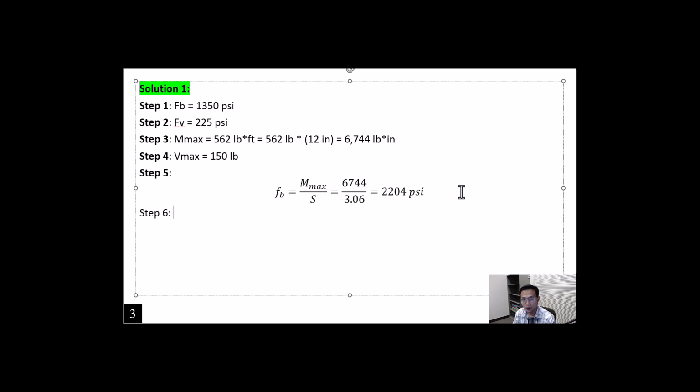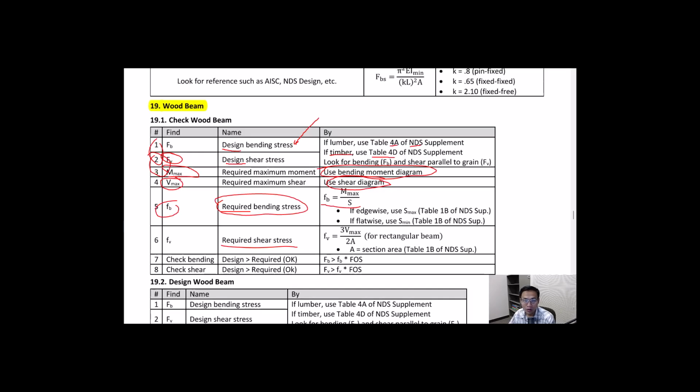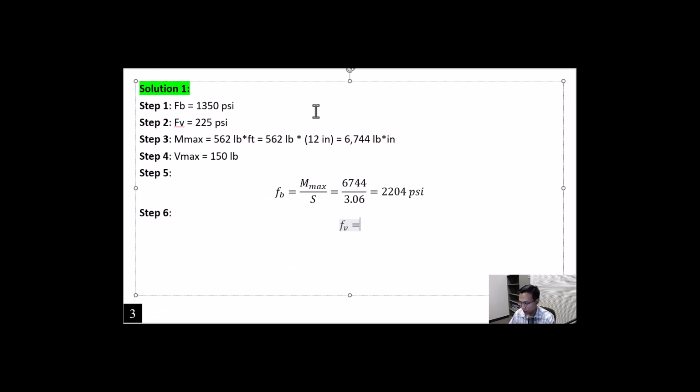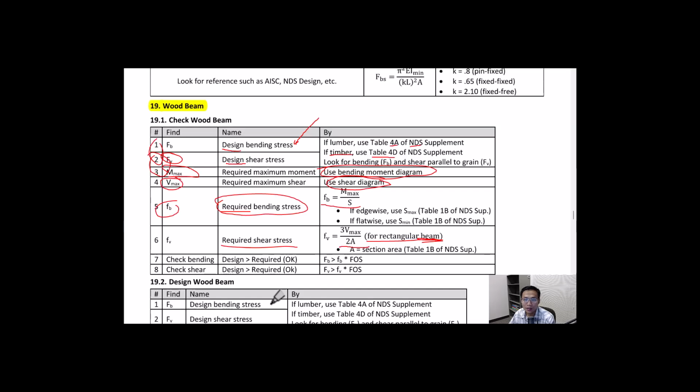So step 6, we have the fv equal to, now because this one is for wood, we're gonna use this formula, 3 V max divided by 2A. 3 V max divided by 2A.